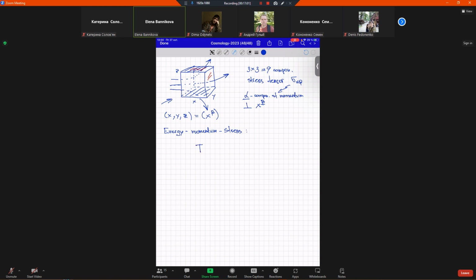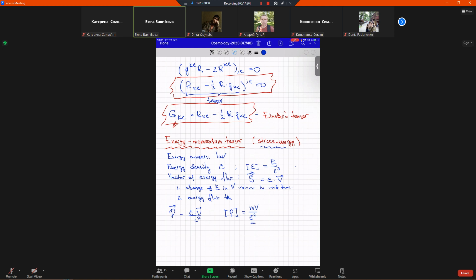This is usually called letter T, and has two indexes. So it means that this is a tensor of the second rank, and it has the form of epsilon, the energy density. After this, we need to put what we clarified here, the vector of energy flux.